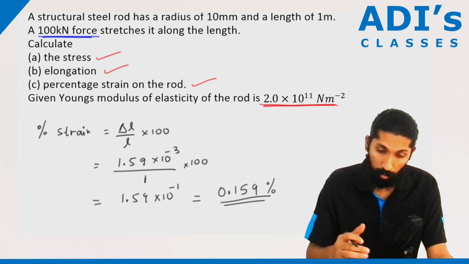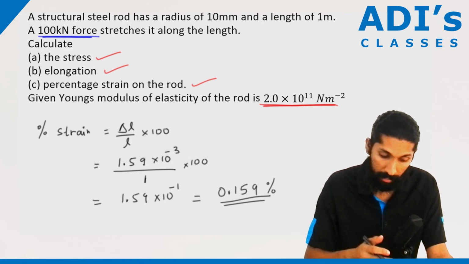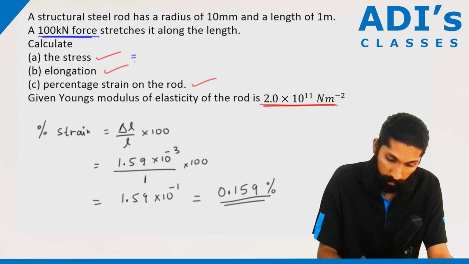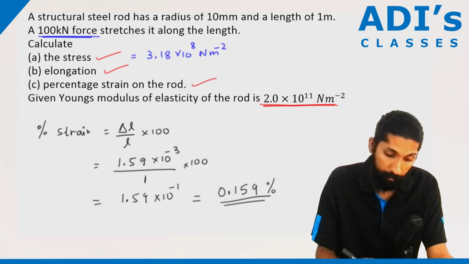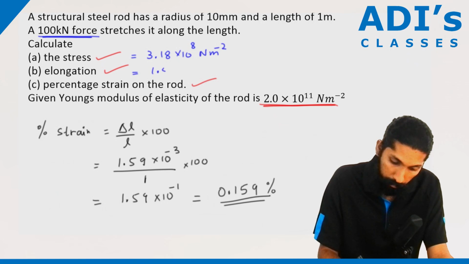To write down the answers, remember we are looking at the answers for parts A, B and C. For stress, the answer is 3.18 into 10 to the power of 8 Newton per meter square. For the second one, the elongation, you got 1.59 into 10 to the power of minus 3 meter.